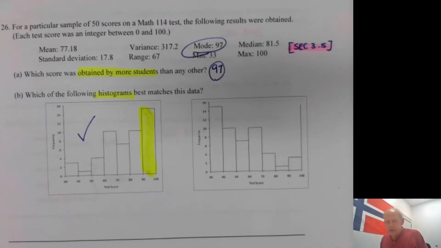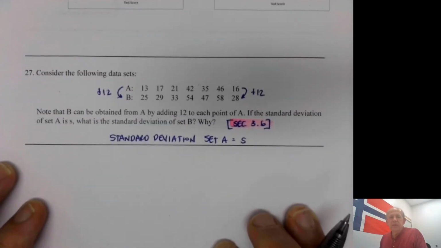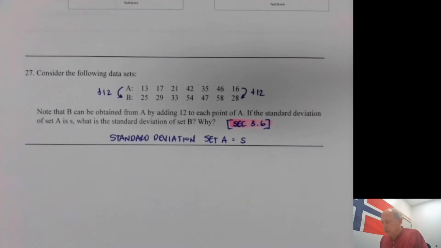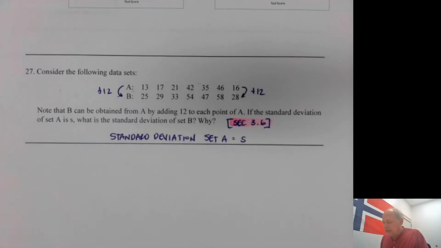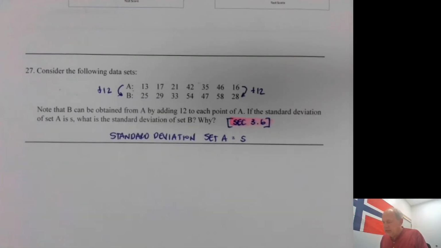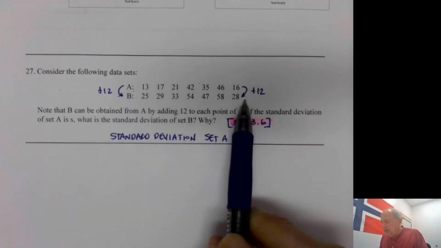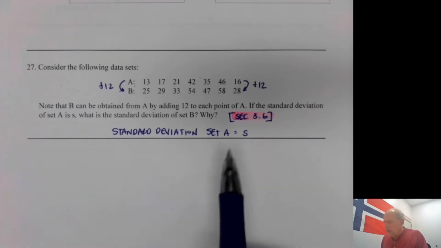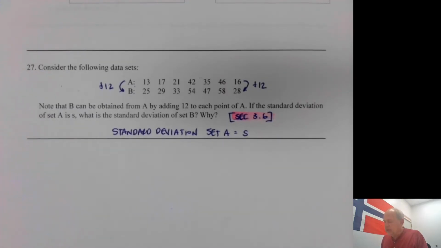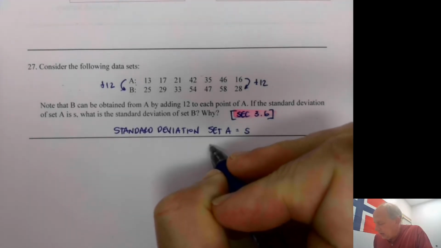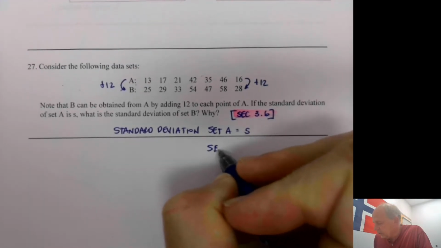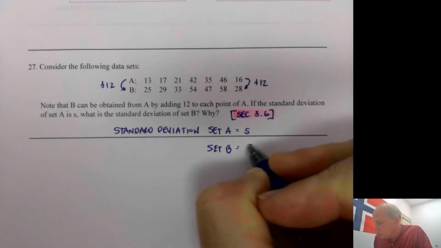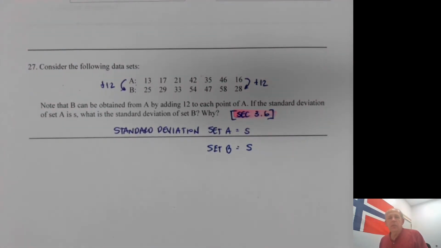That would be the first choice. Number 27, out of section 3.6, the spread. We have 2 data sets, data set A and data set B. Notice that B is obtained by adding 12 to each data point, and for data set A, the standard deviation is S. The standard deviation for set B, since 12 was added to each data point, would also be S. The spread would be the same for both.